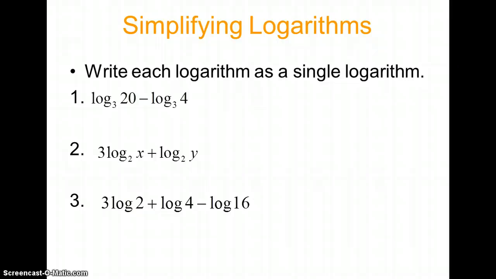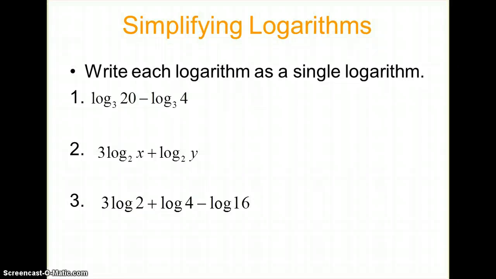So first thing I want to do is check and make sure, do they have the same base so that I can actually be combining them together? And the answer there is yes. So I'm going to decide what property to use and then use it. So like log base 3 of 20 minus log base 3 of 4, I'm going to combine those together by using the quotient property, right? Subtraction tells me I'm doing a quotient.